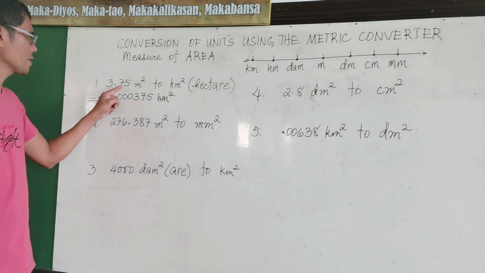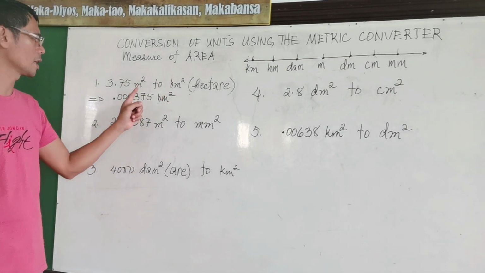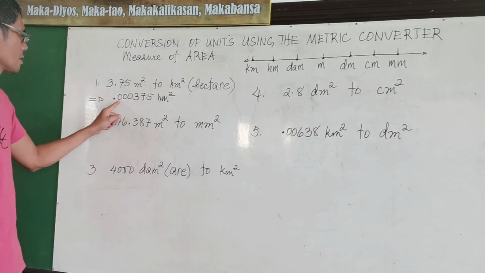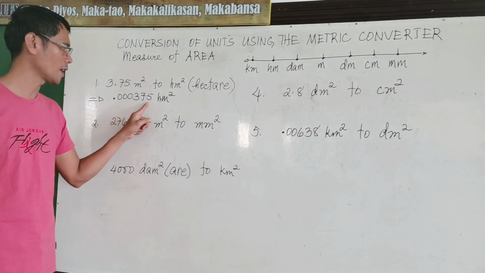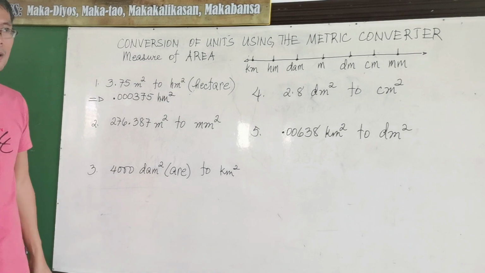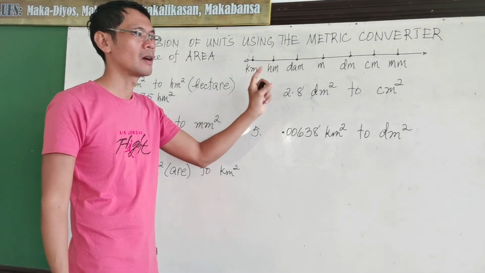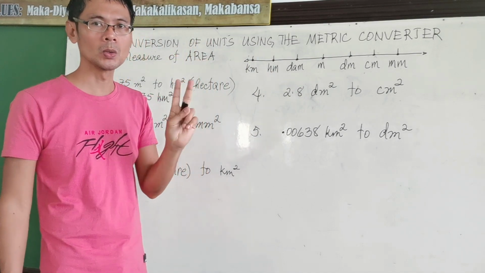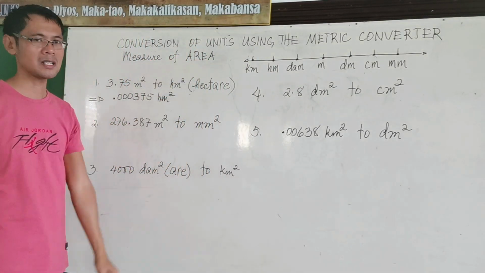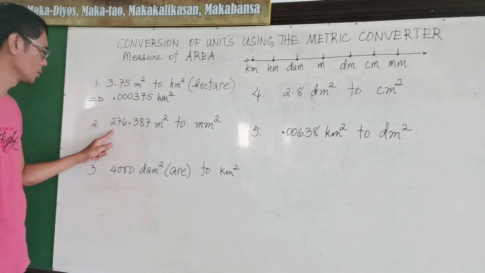So our 3.75 square meters to HM square or to hectare is equivalent to 0.000375 hectometer square. I'll repeat, the number of spaces here will be multiplied by 2 since we're talking about measure of area.